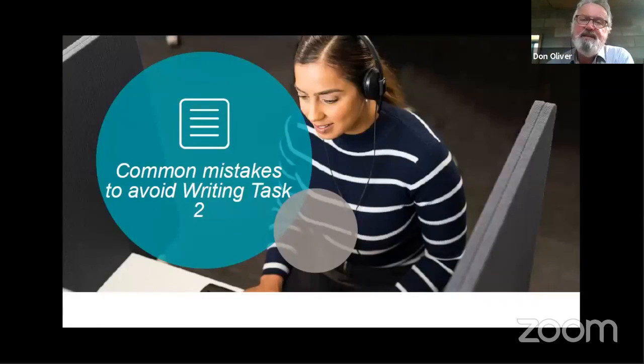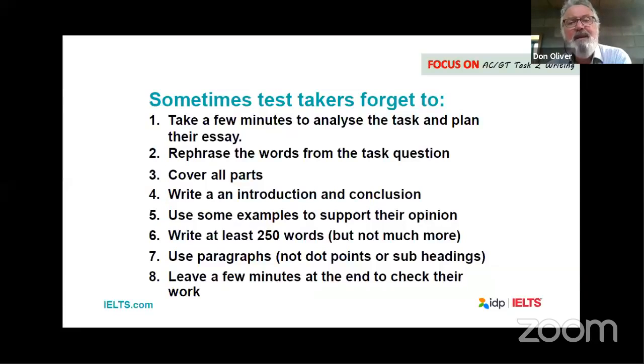Some of the mistakes that people make, and we've already mentioned quite a few of them, but in terms of how you approach the test, these are the most common ones. Sometimes people do not spend enough time understanding the task.